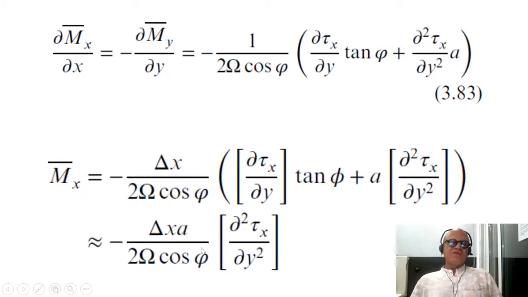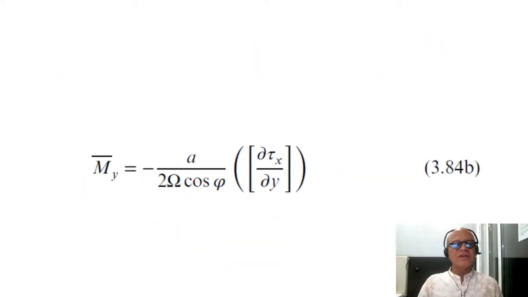So given the wind stress and its meridional derivative, we can compute the zonal currents or zonal transports, and of course also the meridional transport, as a over 2 omega cosine phi integrated zonally, from the meridional derivative of the zonal winds.